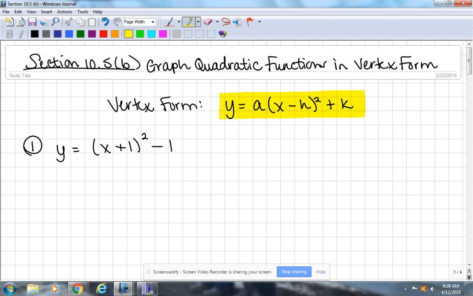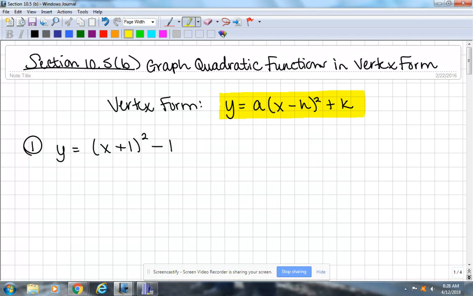So if a is positive, do you have a U shape or an upside down U shape? U shape, and the vertex is a maximum or minimum? Minimum. If a is positive, your vertex is a minimum. If a is negative, you have what kind of parabola? Upside down, and the vertex is a maximum. So a is still doing what a did earlier.